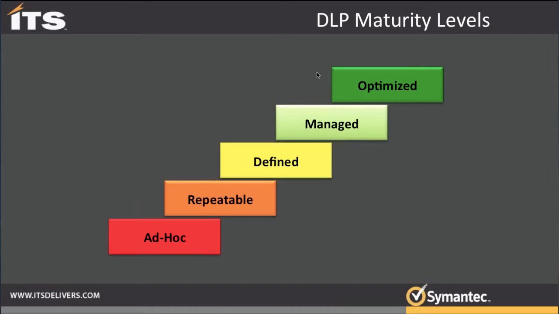So in talking about the levels of DLP maturity, as we go through the rest of the presentation, and when Navin is going through these various areas of focus, keep these levels in mind, because within each area of focus, you can apply this element of measurement, right?